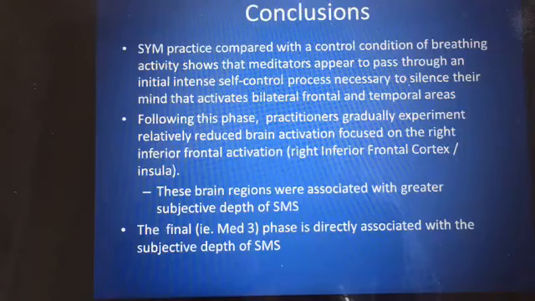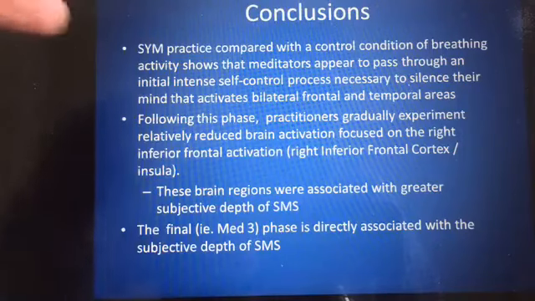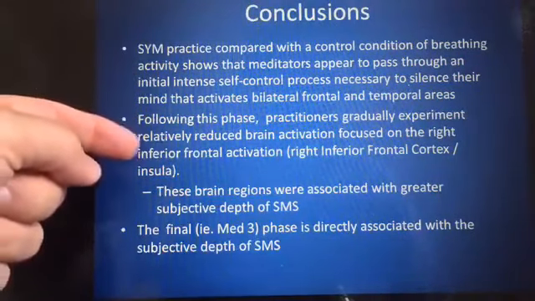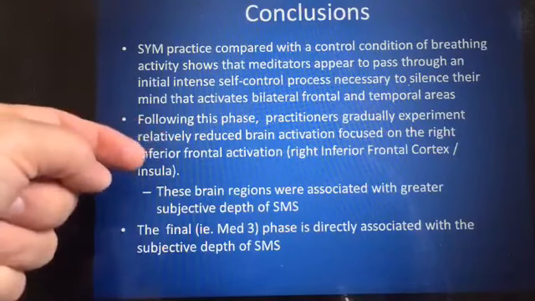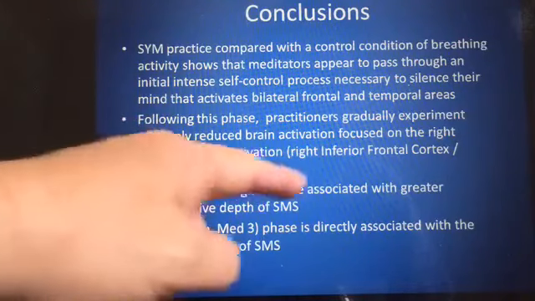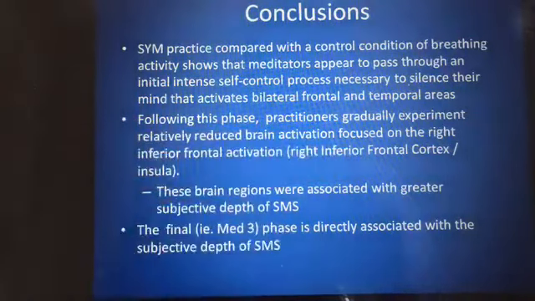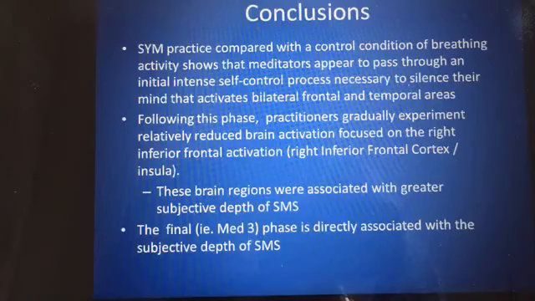But following that, the practitioners gradually experience relatively reduced brain activation focused on the right inferior frontal cortex and the insula. Remember the famous insula, that small prune-sized slab of the brain. Again, these are regions that are associated with greater subjective depth of SMS or mental silence. And the final meditative state is also associated with a subjective depth.